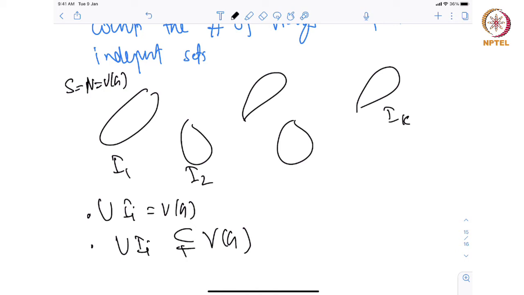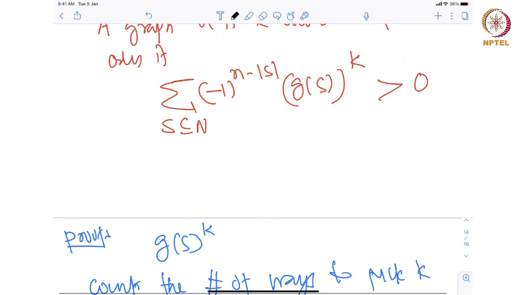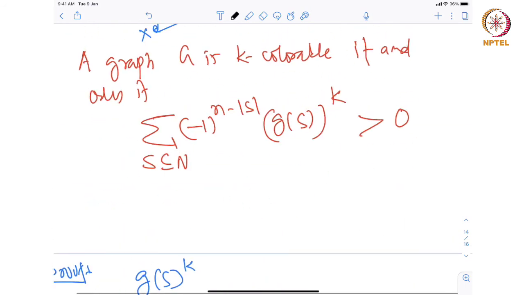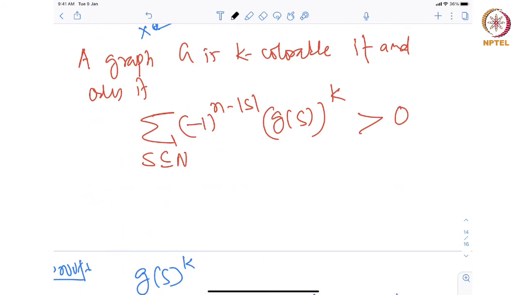So now what I will tell you is that in this expression, only those ways of selecting K independent sets will contribute which equal V of G, and the rest of them are counted an equal number of times with -1 and with +1, and hence they will cancel out each other. So that is the goal of doing this.